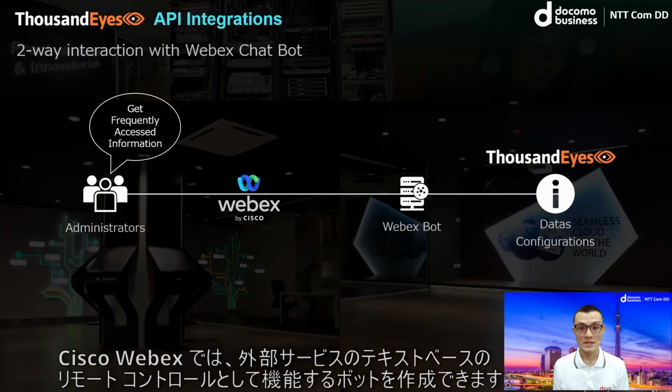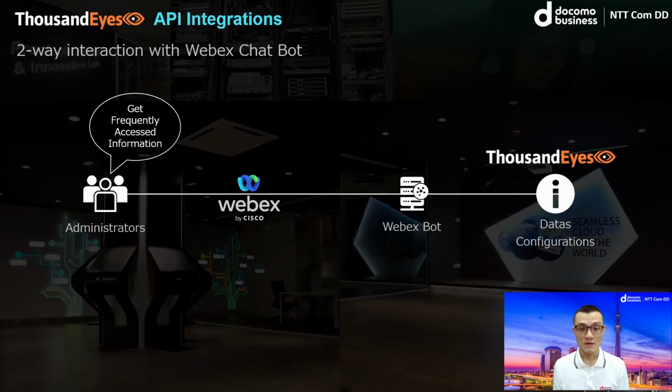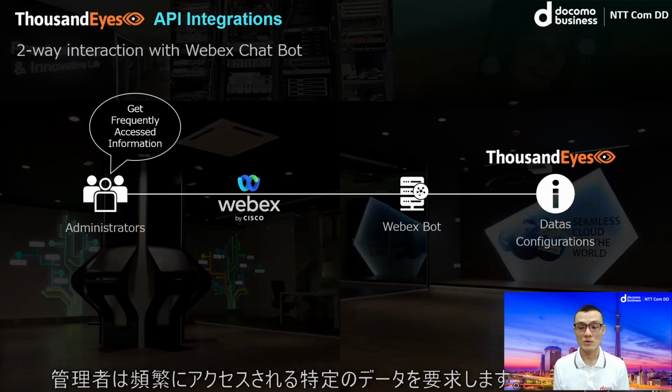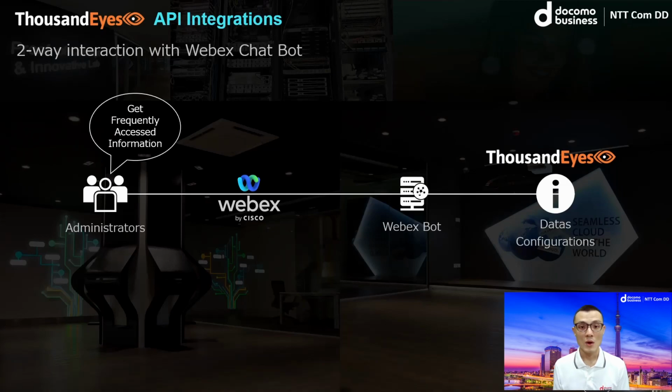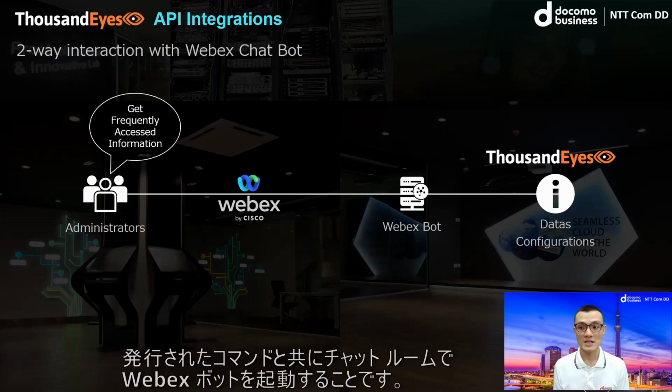Cisco WebEx allows us to create a bot which acts as a text-based remote control for external services. For example, in this picture scenario, the administrators would like to request for certain frequently accessed data. What the administrators need to do is to trigger the WebEx bot in the chat room together with the command issue.